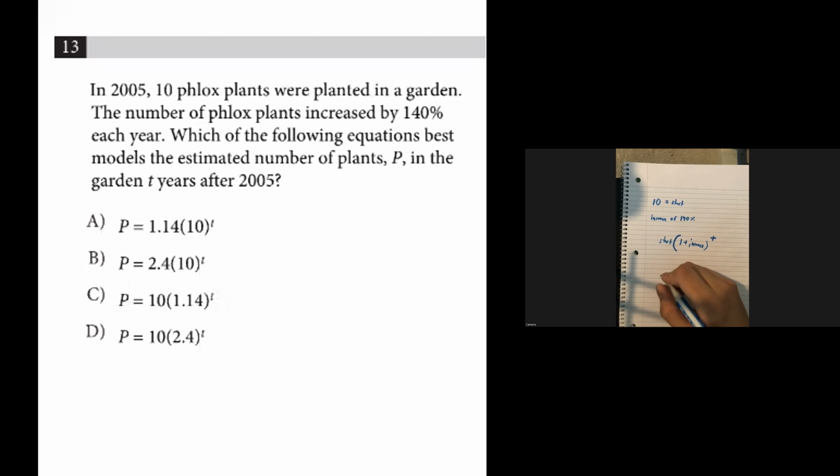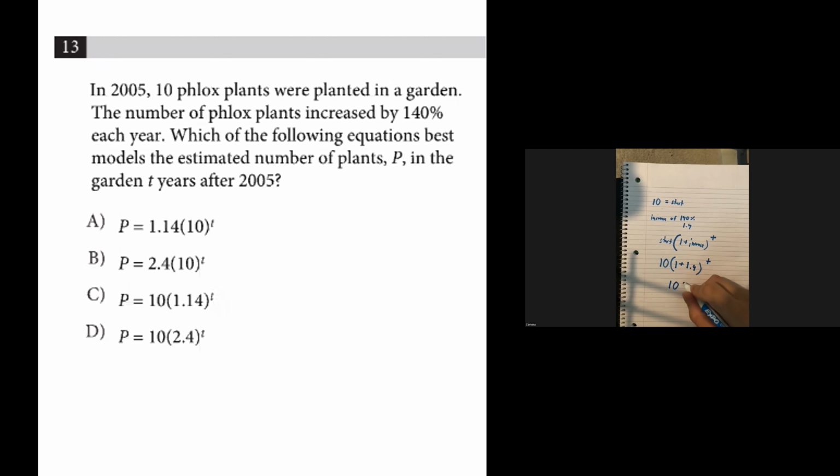So the equation for this would be 10, and then 1 plus, well, when we convert 140% into a decimal, it would be 1.4. So 1 plus 1.4 to the power of t. t is the number of years.